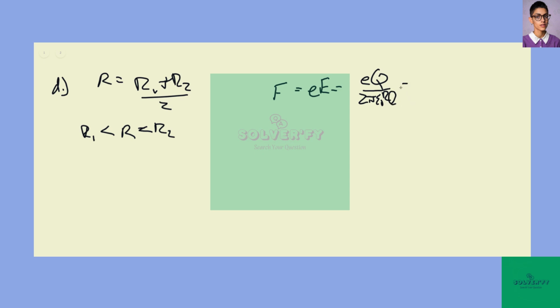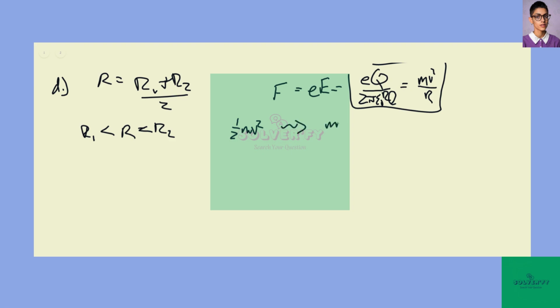Okay, so we can now set the force equal to the centripetal force if we're moving in a circle, which is mv squared over r. Okay, so if we know this relation and we're trying to find kinetic energy, which is 1/2 mv squared, let's see if we can pull that out somewhere.